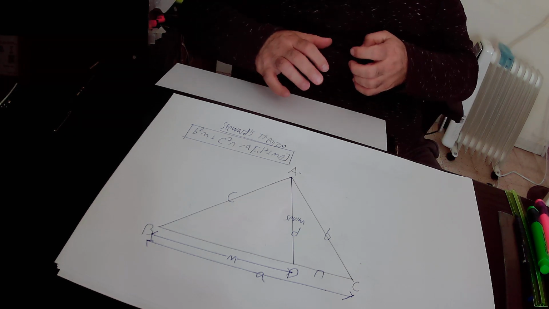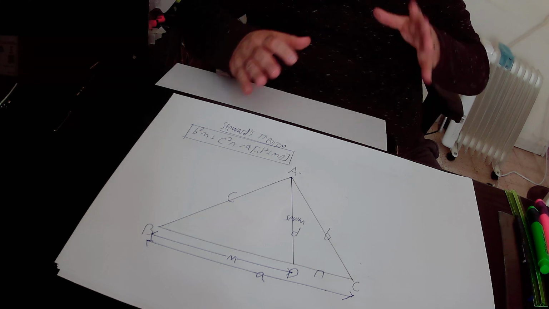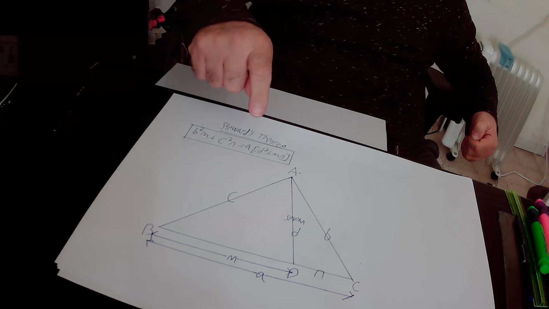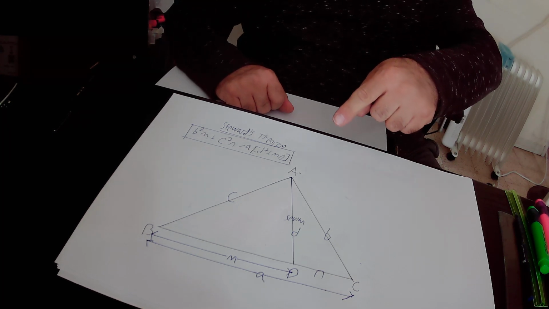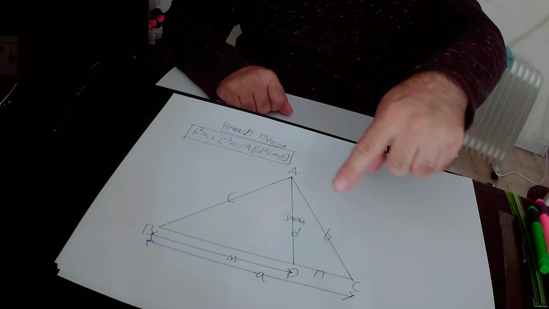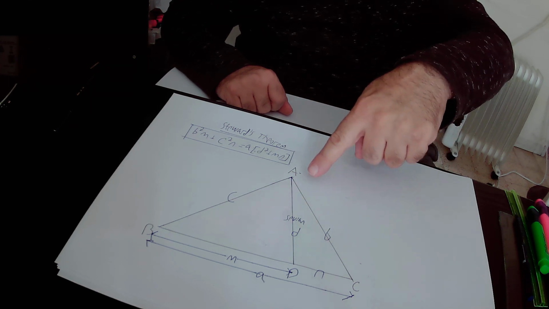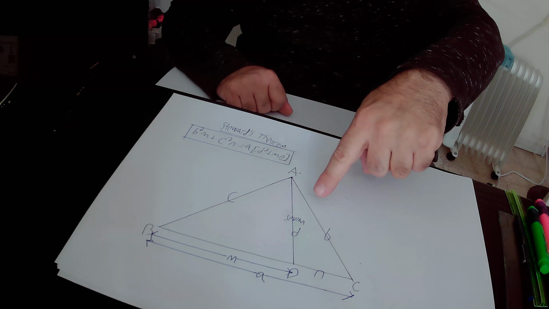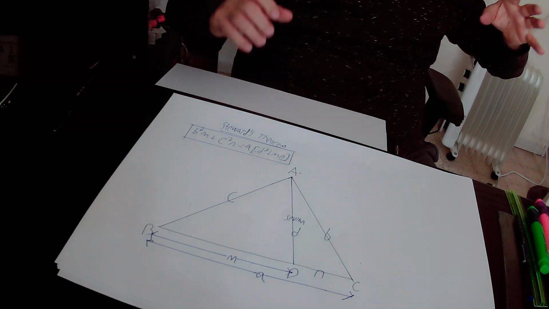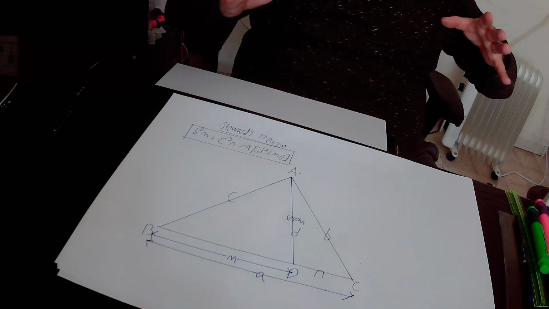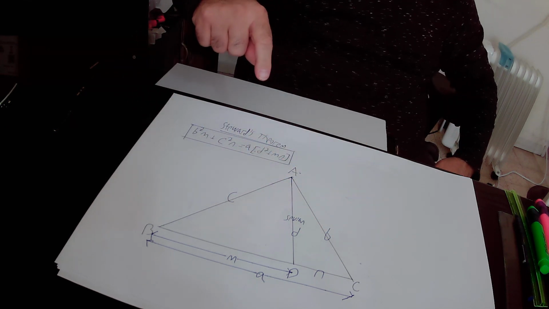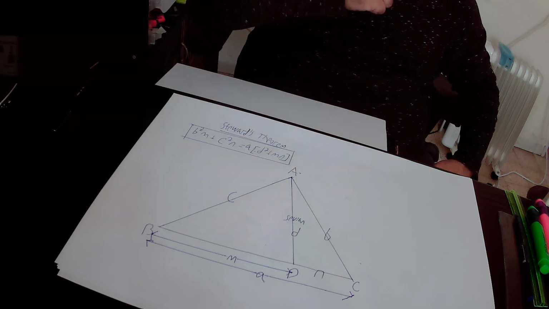In a nutshell, Stewart's theorem yields a relation between the lengths of the sides of the triangle and its cevian. The cevian here, this is triangle ABC, and the cevian of triangle ABC is line segment AD. Again, line segment AD is the cevian of triangle ABC, and Stewart's theorem, in a nutshell, yields a relation between the lengths of the sides of the triangle and its cevian AD.